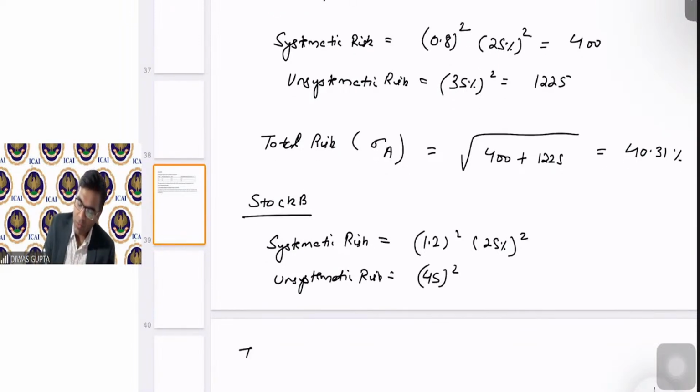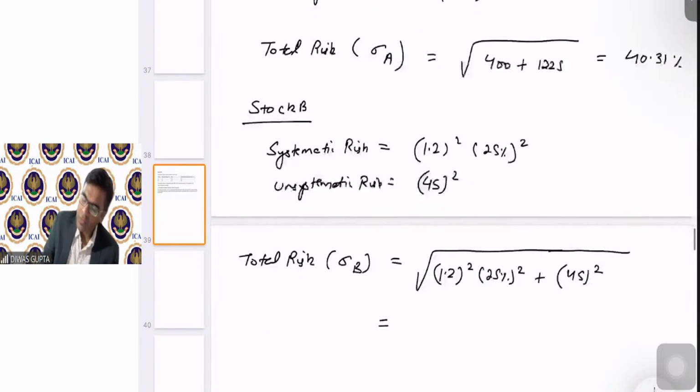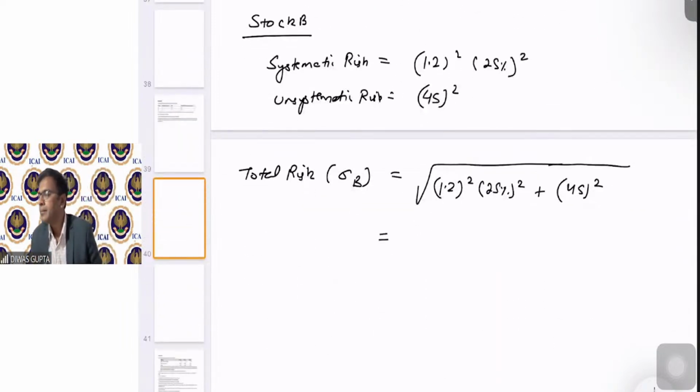And hence the total risk, which is standard deviation for B, will be square root of 1.2 square, 25% square plus 45 square, which is how much? 54.08%. Easy.